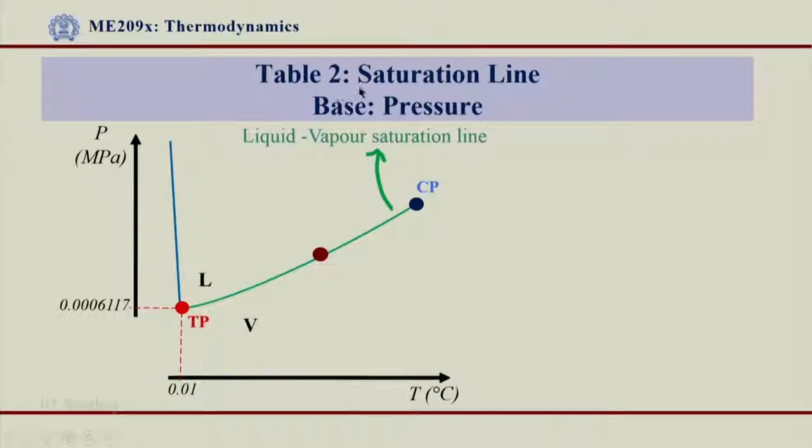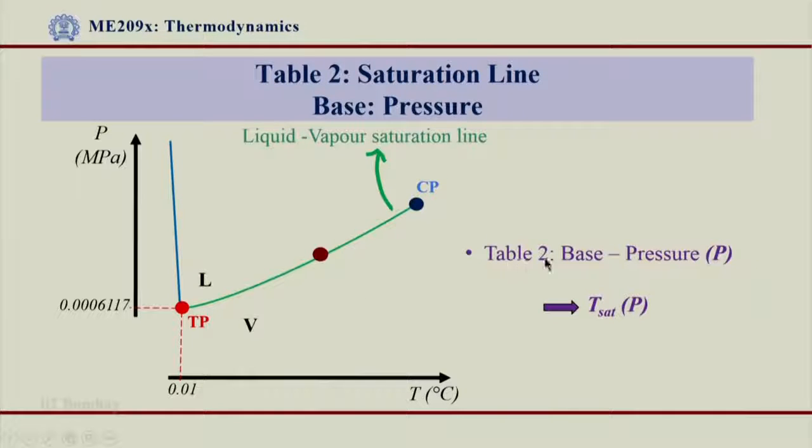Let us now come to table 2, saturation line, now the base is pressure. Again you have got the same PT diagram, and you have got an LV saturation line running from Tp up to Cp, and again locate one point on this line, where the thermodynamic system lies, because table 1 and table 2 deal with these lines only.